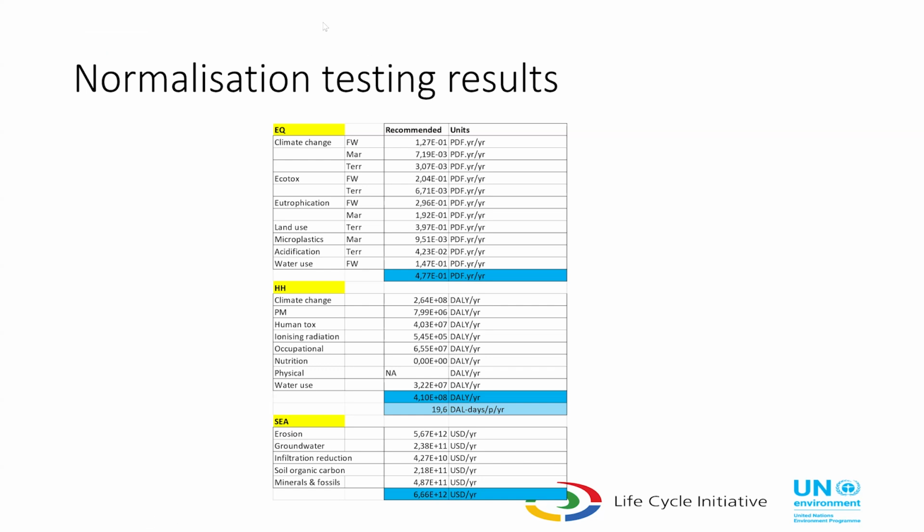But perhaps one comment on that: what is interesting at the damage level is that we have a sort of quality check with the total amount of, for example, DALYs we have overall. And here we are around 20 DALY days per person per year lost.